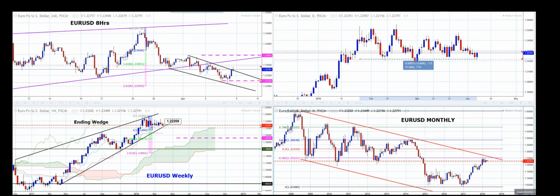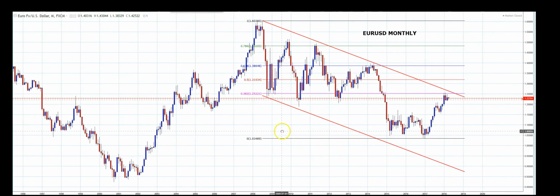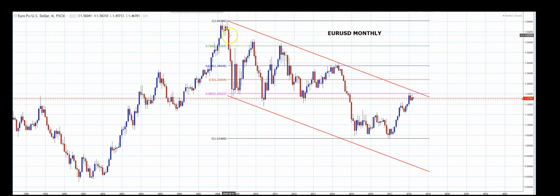We're going to break down first from the monthly chart. Now here we can see that we've had quite a mixed and volatile price action. We're in a very large bearish channel formation. This last rally up from the 2017 lows has reached a Fibonacci retracement level.